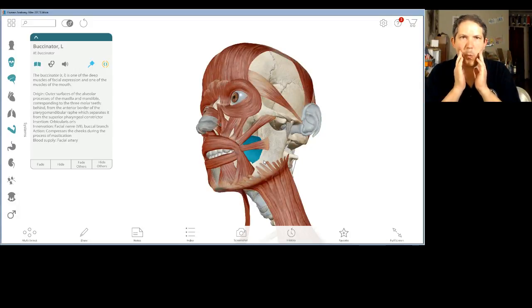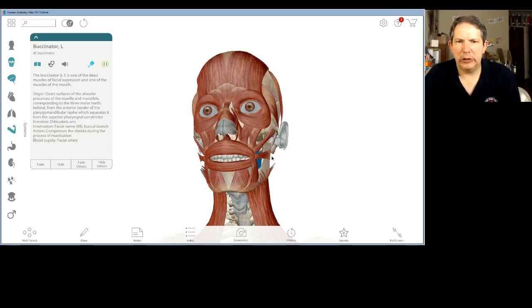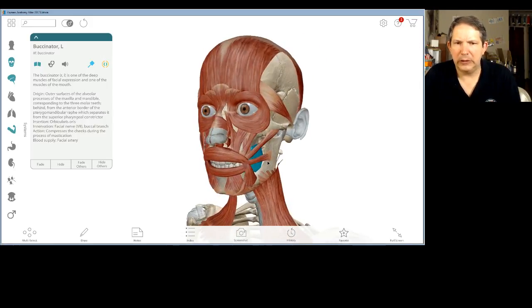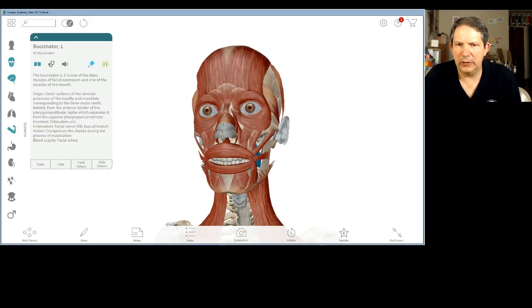Anyhow, this is right in the cheeks. It's a cheek muscle. The origin is the outer surface of your jaw, on the edge of the teeth.